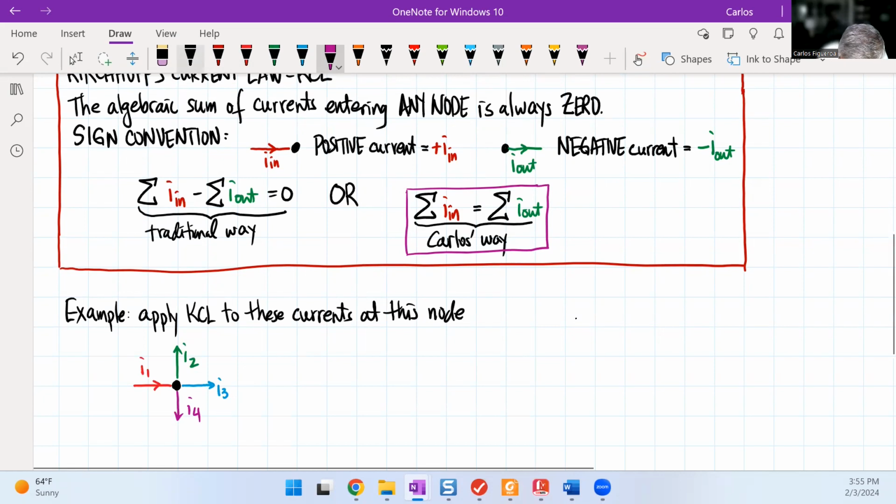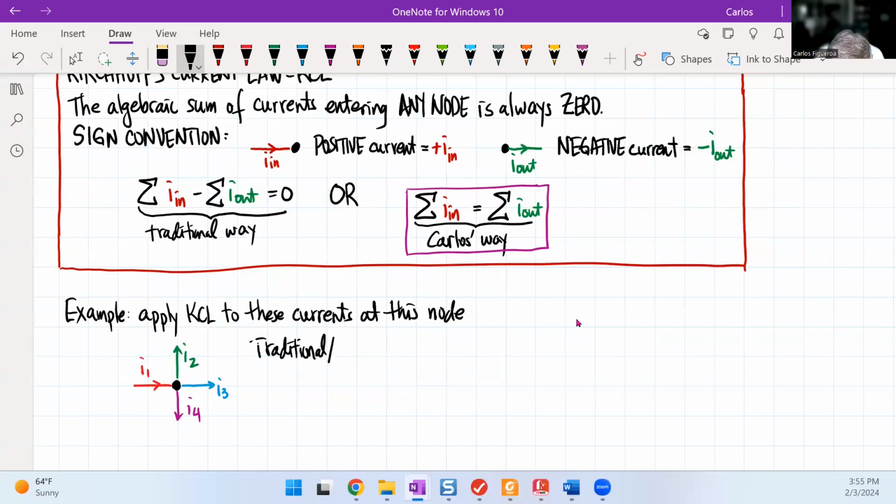So if you look at the traditional way, the books' way, they pay attention to the signs. In other words, when they say the currents coming in, we look at what currents here are coming in, and then we subtract it from the currents coming out, and then we set that equal to 0.